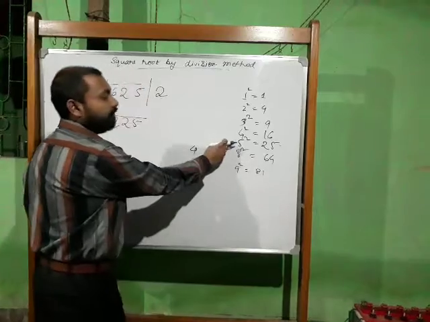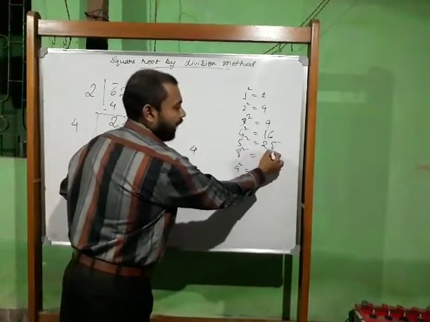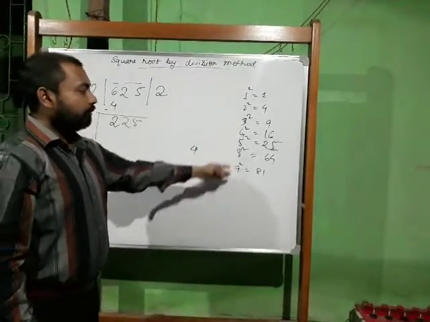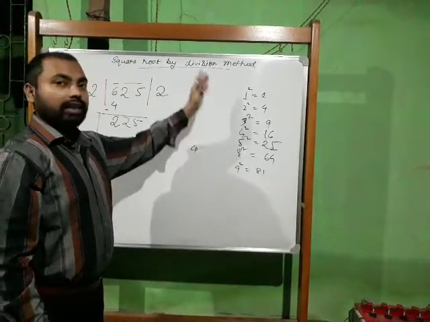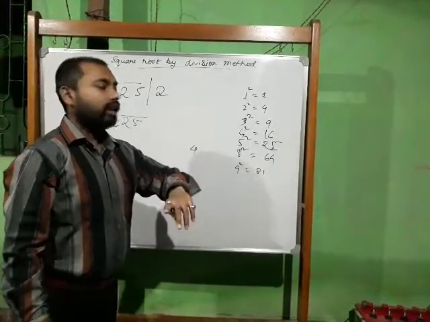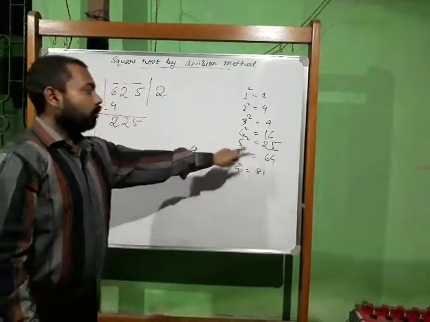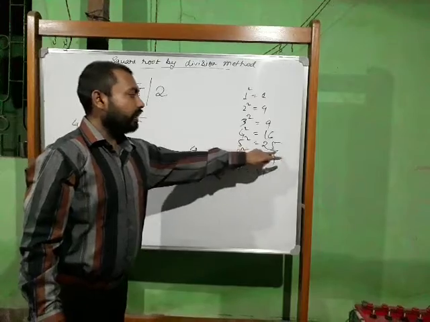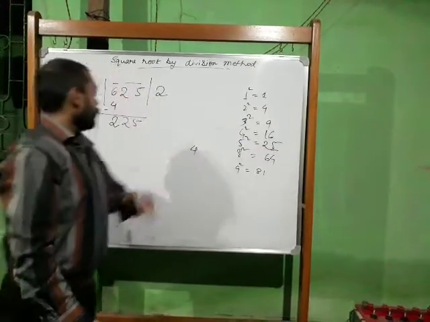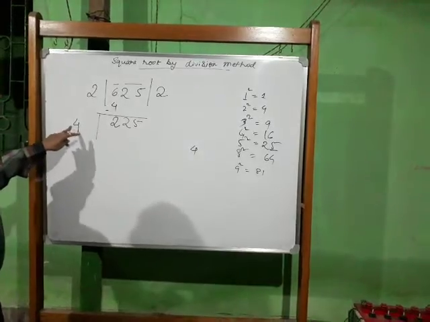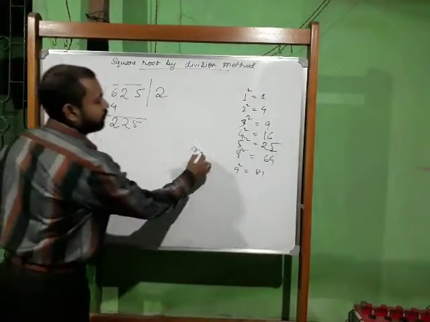Only in 5 square is the unit place 5. Remember this: among other natural numbers, no natural number other than 5 gives a 5 in the unit place when squared. So only for 5 square it is 25, and the unit place is 5. Here the unit place is 5, so with 4 there, we write 5.